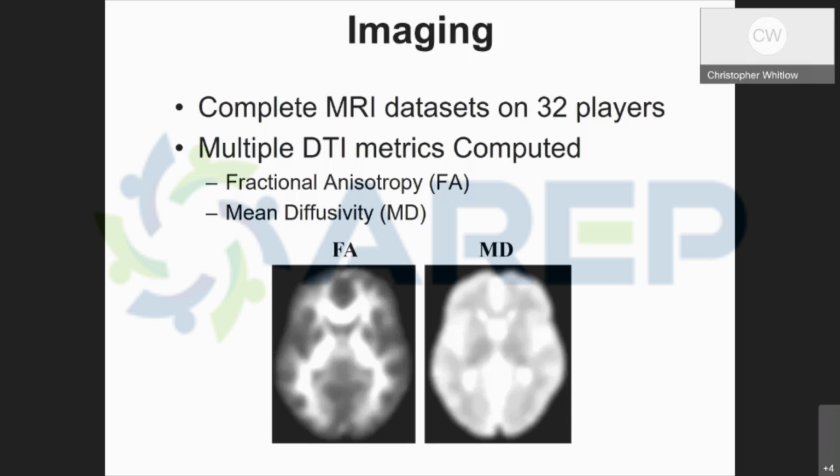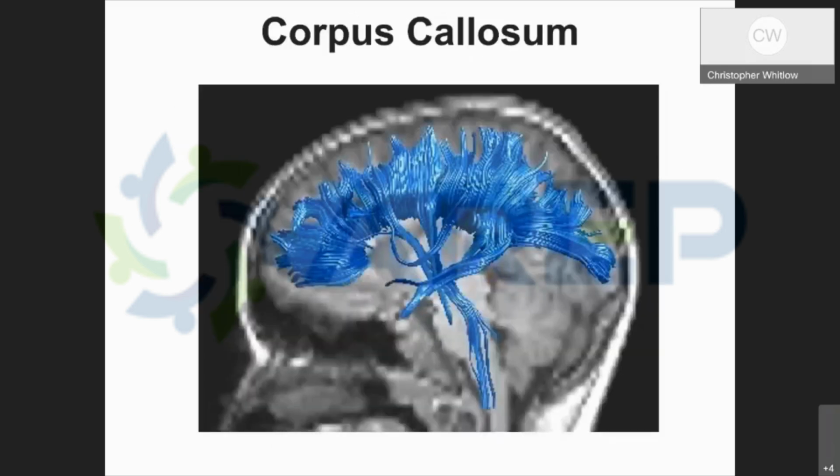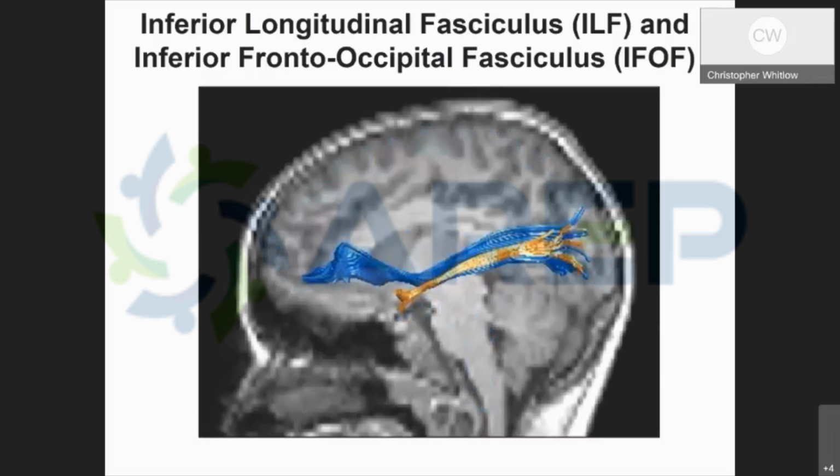But we also looked at linear, planar, and spherical subcomponents. For this analysis, we looked at the largest white matter tract, which is the corpus callosum. But we also looked at some other ones: the inferior fronto-occipital fasciculus shown in blue, the inferior longitudinal fasciculus shown in yellow.